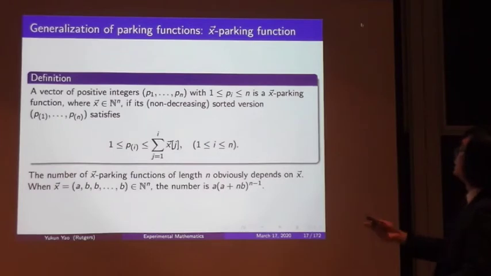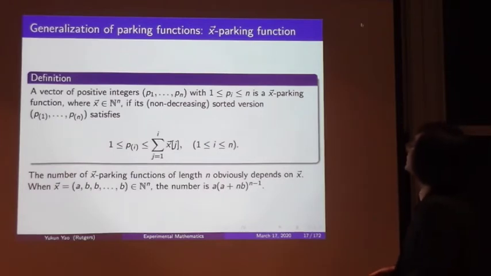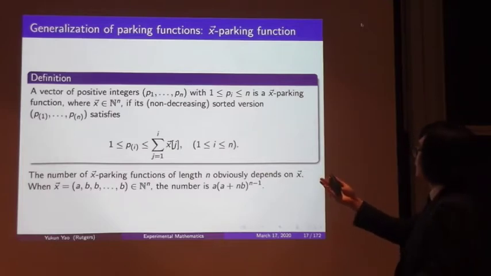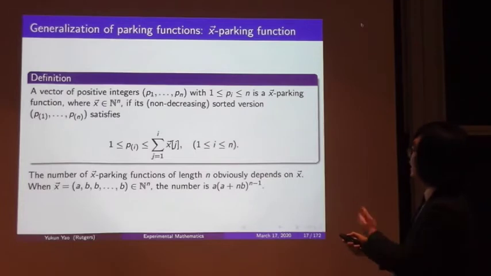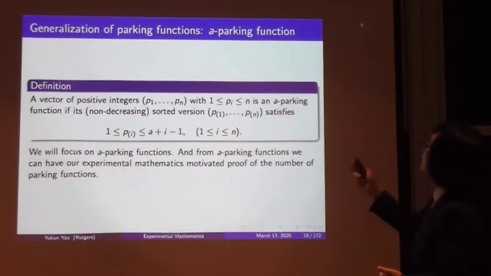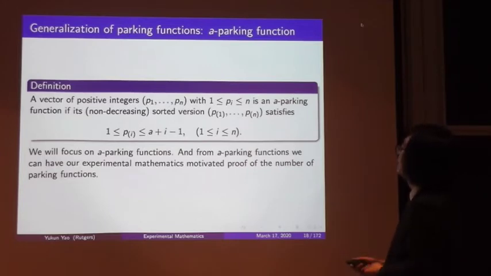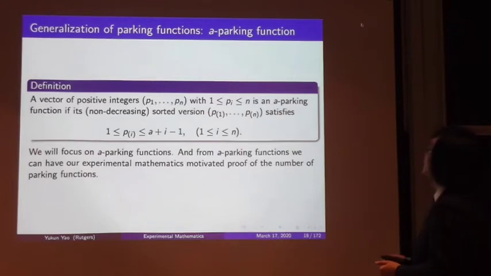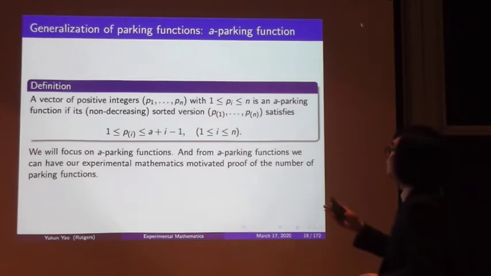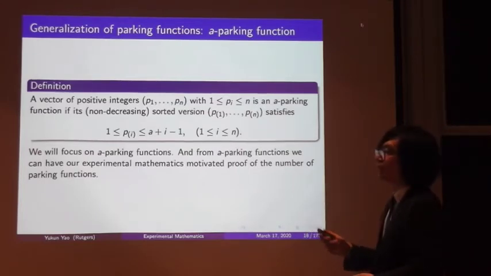And more generally, we can have an x-vector parking function. In this case, obviously the number depends on the vector. But our focus is the next one, which is called an a-parking function. A vector is an a-parking function if its non-decreasing sorted version satisfies that the ith element is no more than a+i-1.